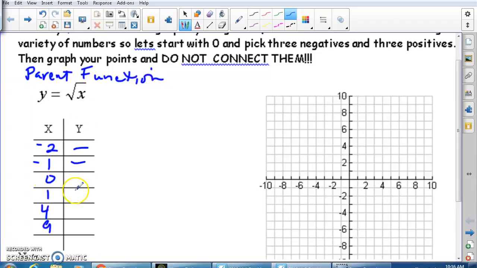But the square root of 0 is 0, the square root of 1 is 1, the square root of 4 is 2, and the square root of 9 is 3. So as we plot these coordinates, 0, 0, 1, 1, 4, 2, and 9, 3, we will complete the curve for the square root graph. And this is the starting point or the vertex.